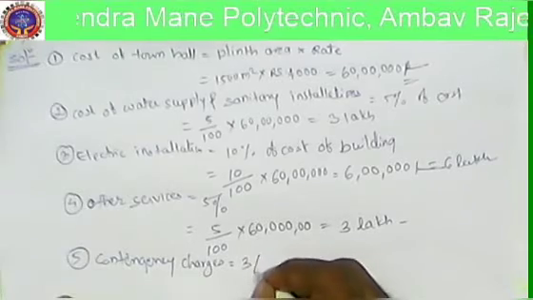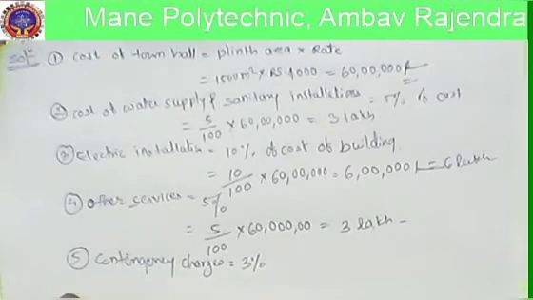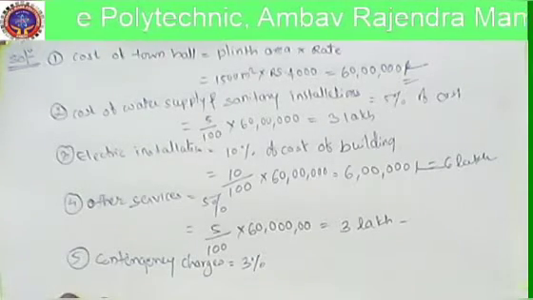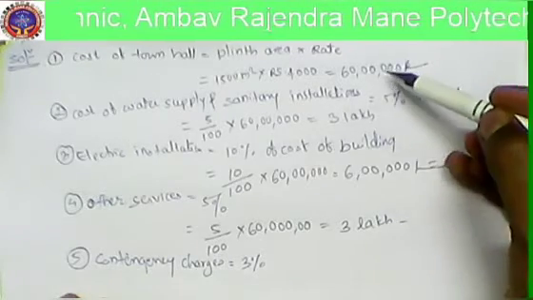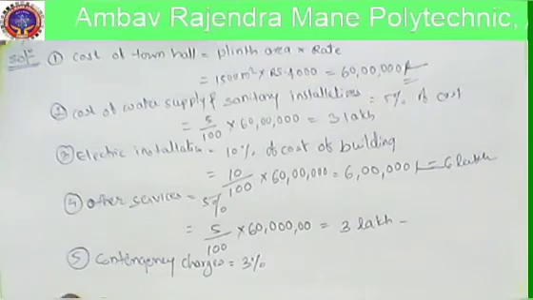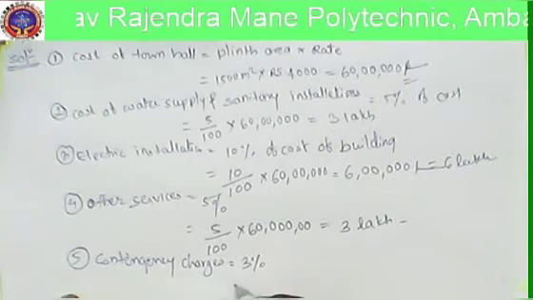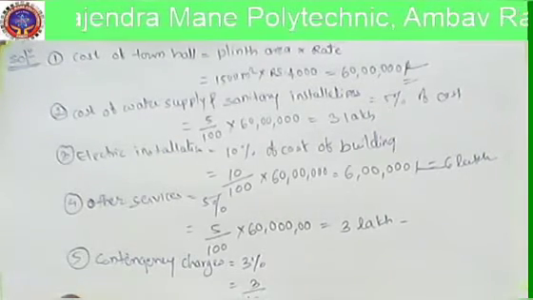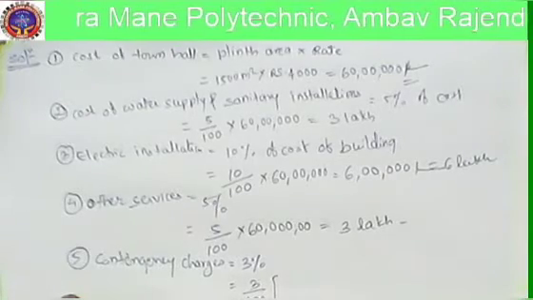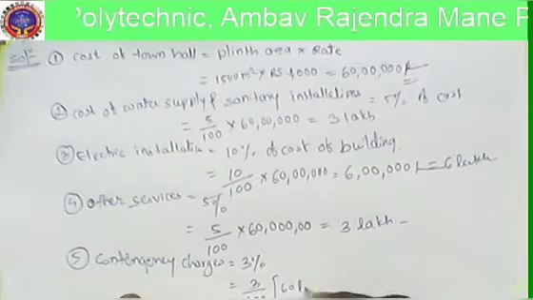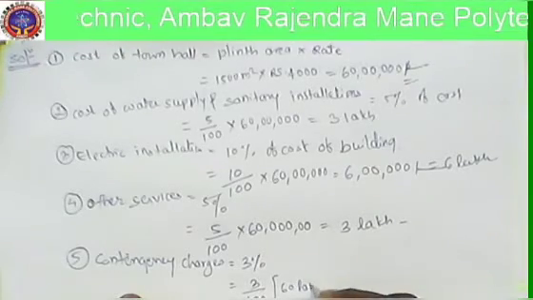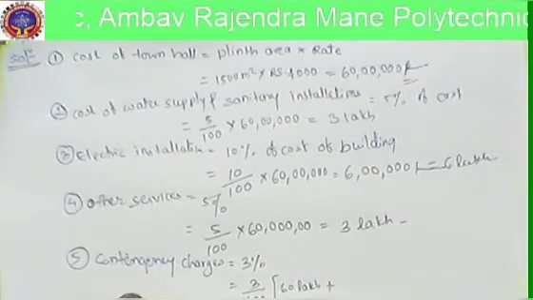Now, in this video we shall discuss the numerical on the plinth area method, the approximate estimate method, which was discussed in detail in the last video. So let's see one numerical.